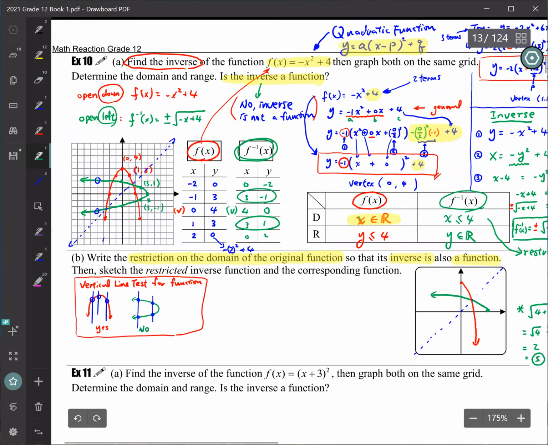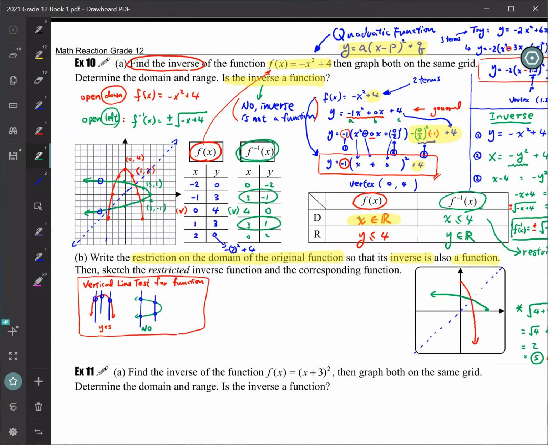The question wants us to write the restrictions on the original. In our choice here, we are keeping the right-hand side, so the restriction will be x greater than or equal to 0 because we're keeping the right side. It's talking about the restriction on the original.